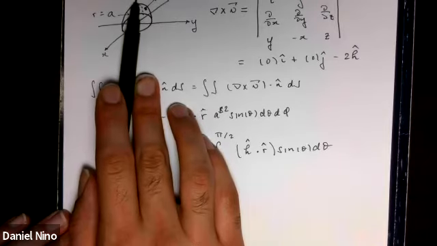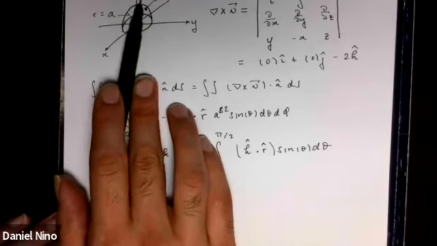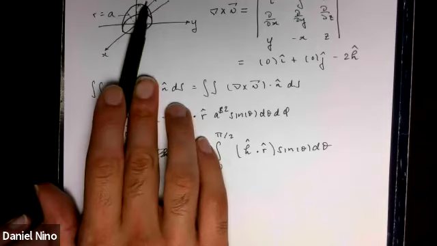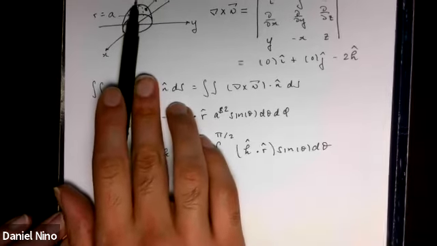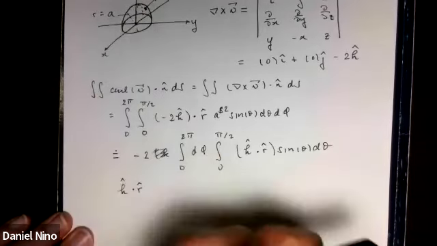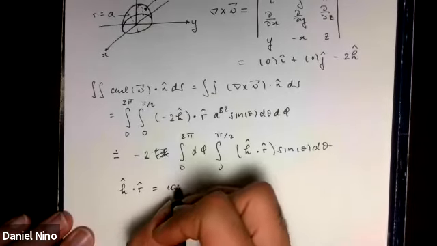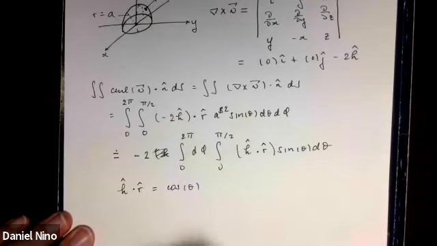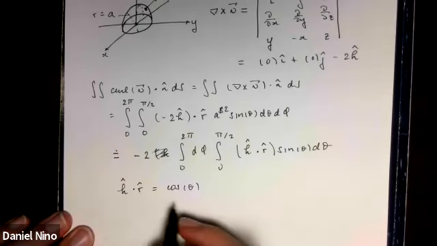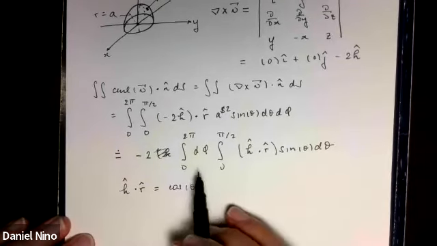So by definition of the azimuthal angle, the angle that k hat makes with the radial vector is just theta, and they're of unit length. So k hat dotted with r hat is just equal to cos theta.